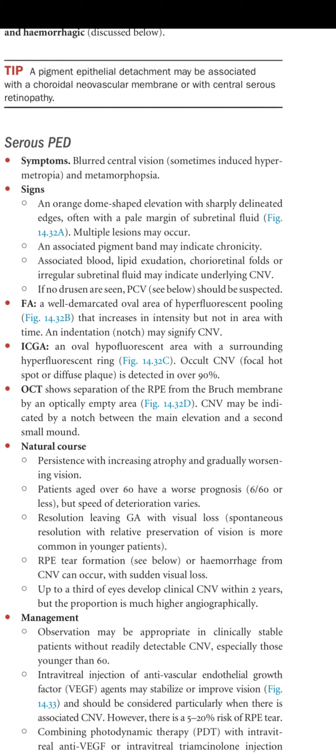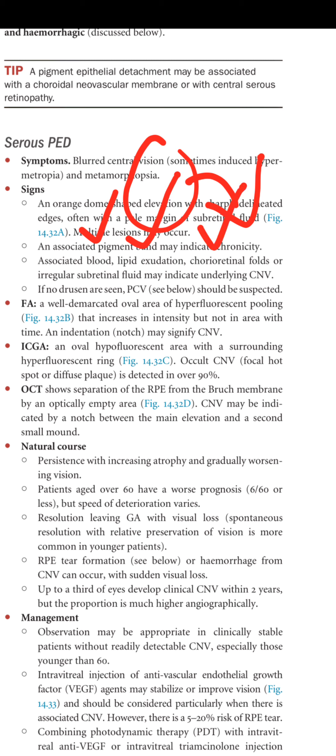Multiple lesions can occur. An associated pigment band may indicate chronicity. So if there is a pigment band, it may indicate that it is a chronic disease. Associations include blood lipid exudation, chorioretinal folds, or irregular subretinal fluid, which may indicate underlying CNV. If no drusen are seen, PCV should be suspected.